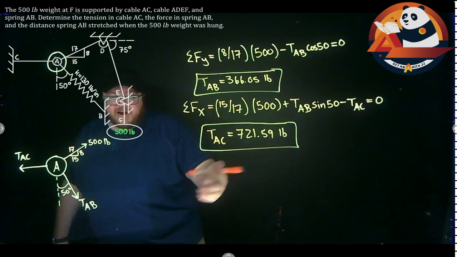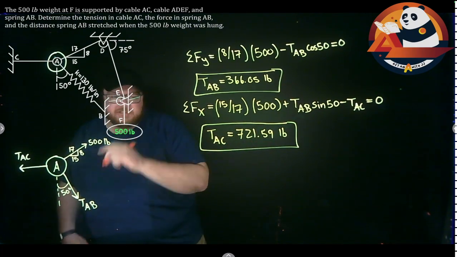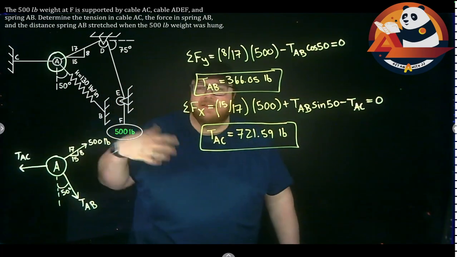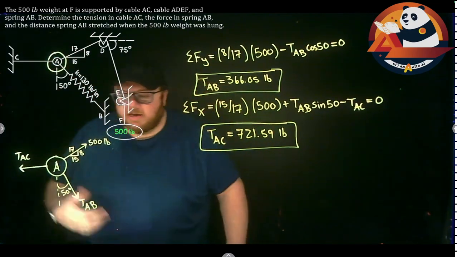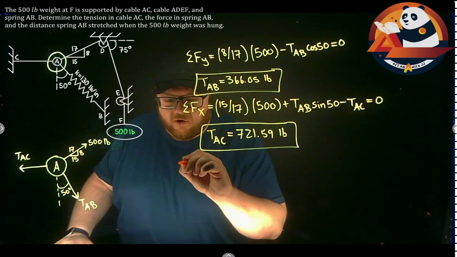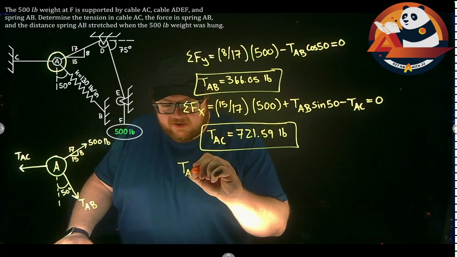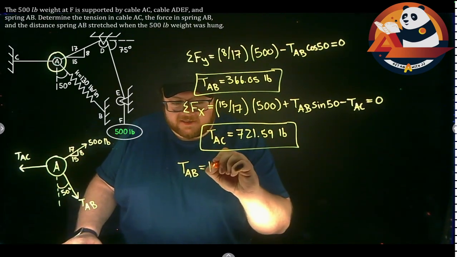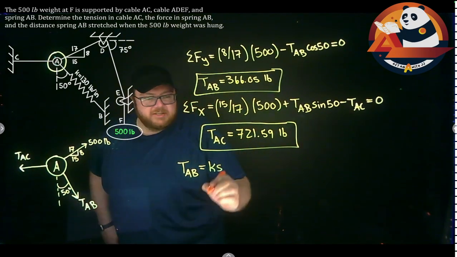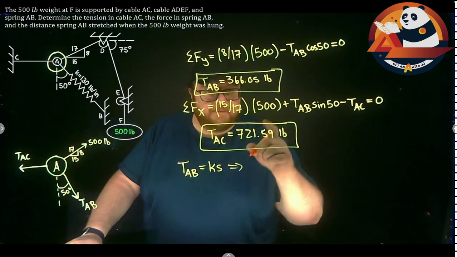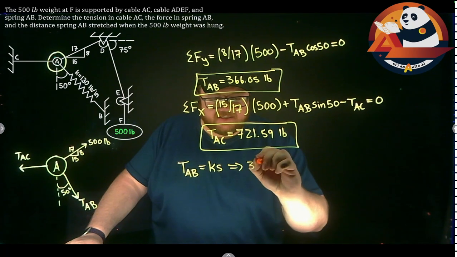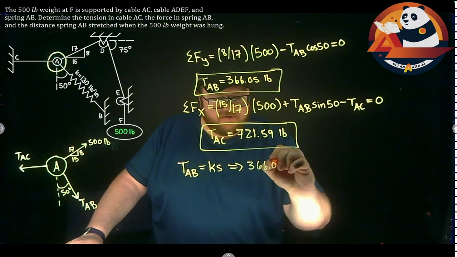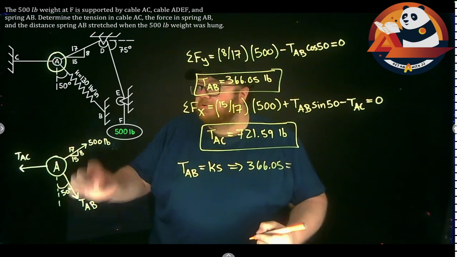All that we still need to find is how far this spring stretched before it settled into the situation given in our picture. And we can do that by saying I know that my force equals Ks. Or in this problem, T_AB, the force in the spring, equals Ks. So the T_AB we found above, 366.05, equals our k value.